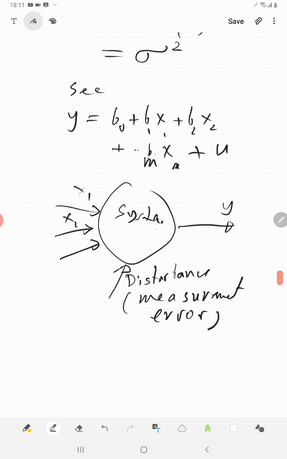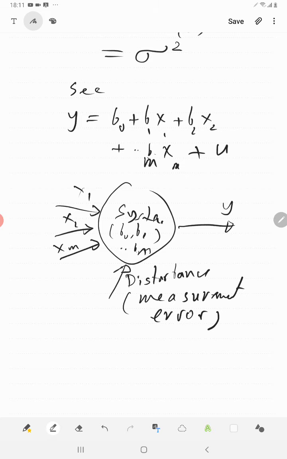So this system has parameters b0, b1 up to bm, and we want to determine experimentally what these coefficients are.